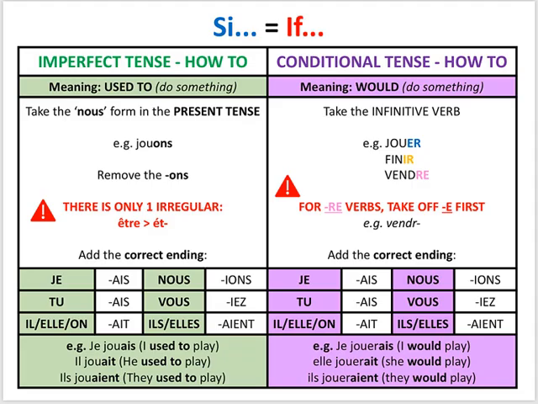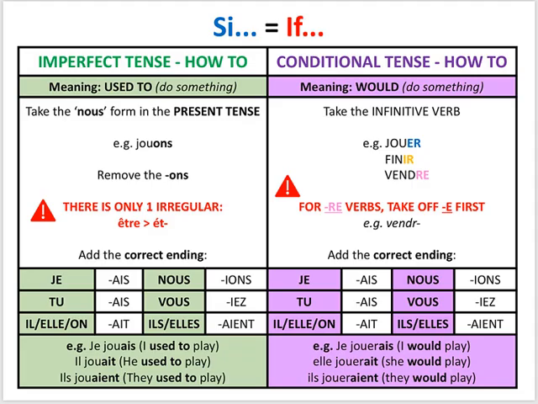C'était, it was. The conditional tense on the right-hand side in purple is that tense to say what things would be like, when you would do something. And that one's quite simple to form for regular verbs. You take the infinitive, like jouer, or finir, or vendre, and you add the correct ending. In this tense, you do not need to take anything off before you add your ending.